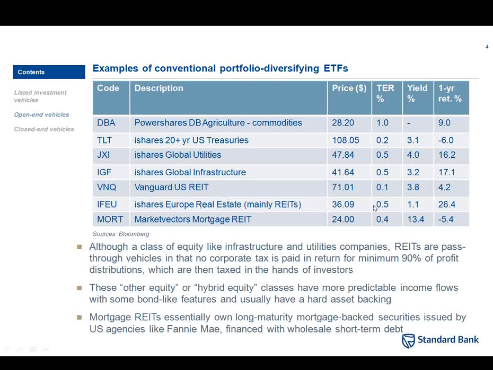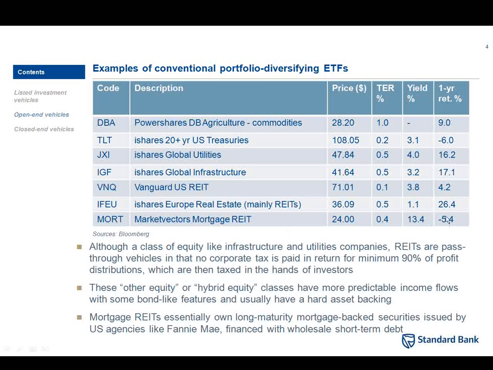And then you can see here's a Europe-based real estate ETF, and that's given a much higher capital growth. So Europe real estate had a very good year. And then this mortgage REIT, so that's obviously market value weighted of all the big M REITs or mortgage REITs.